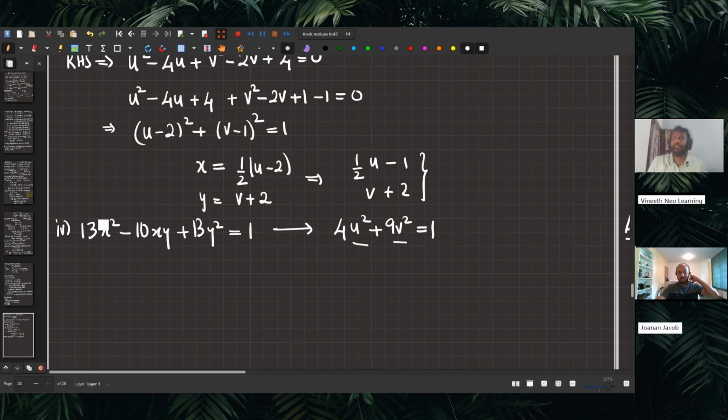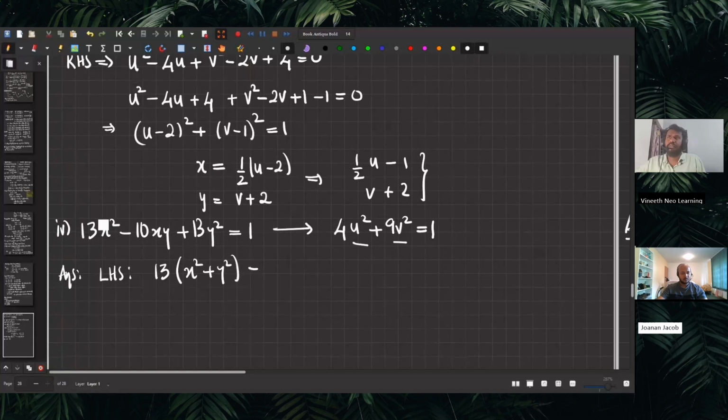So let's say, I'll take 13 outside there. Then x square plus y square minus 10xy equal to 1. Oh, I cannot do that like that.